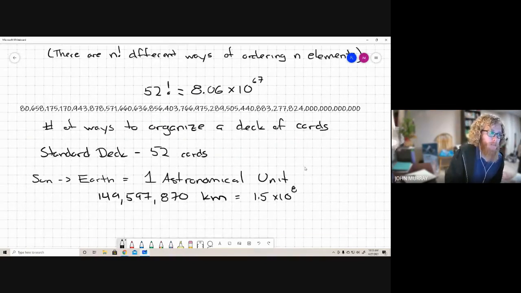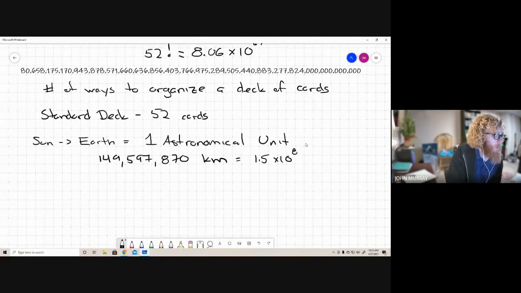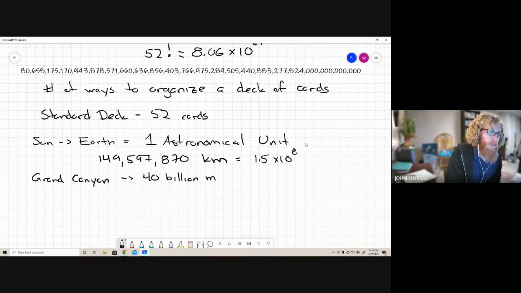Another comparison. The Grand Canyon. 40 billion meters cubed. That's what they estimate the size of the Grand Canyon is.